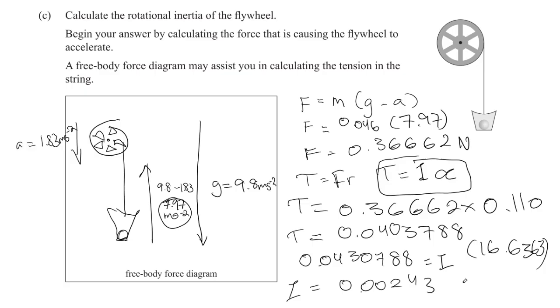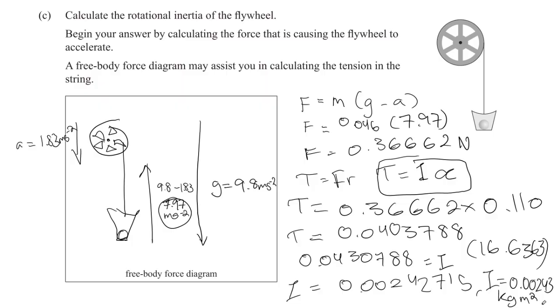That was the rounded version. The unrounded value is 0.00242715, and then we round it and get 0.00243, and then we put units, kilogram meter squared.